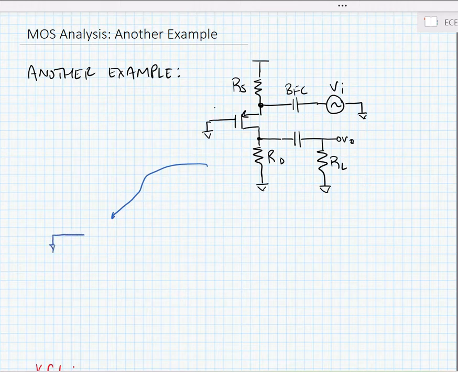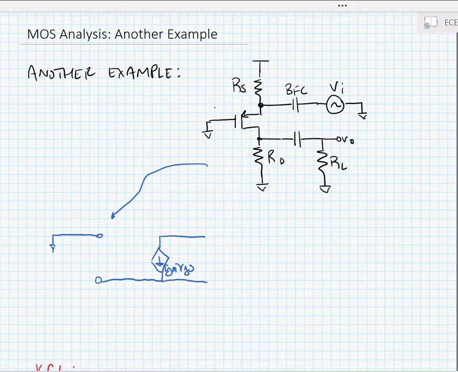In this case, the gate is grounded. We have our voltage-dependent current source. We have the output resistance or conductance of the device.